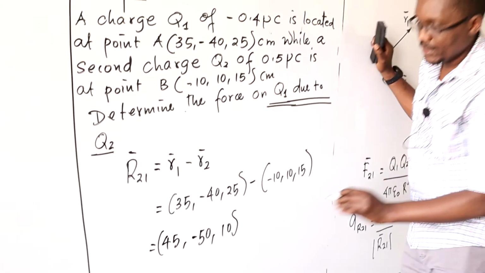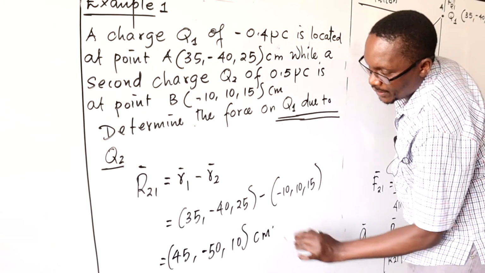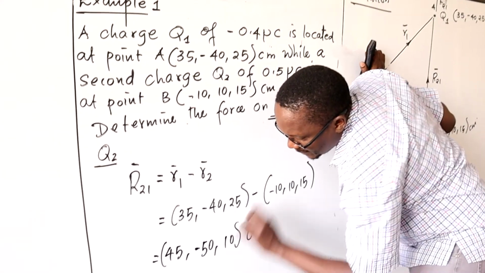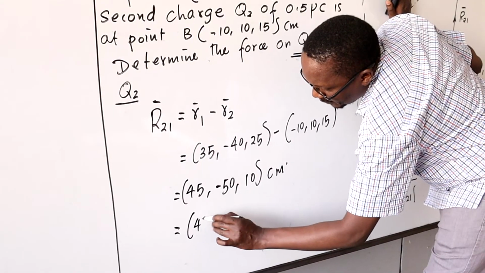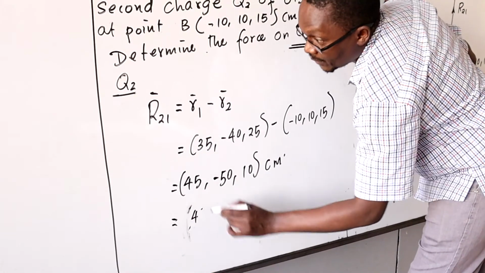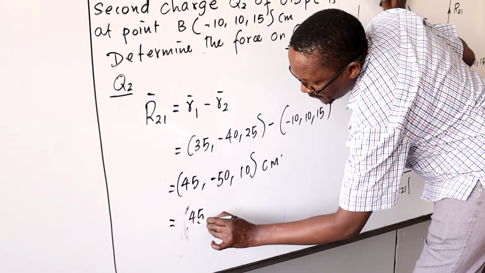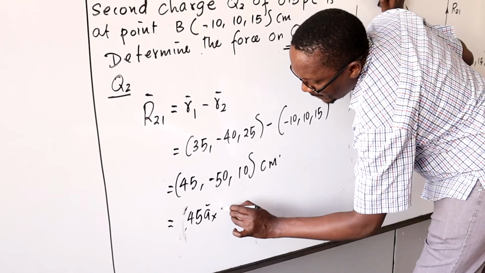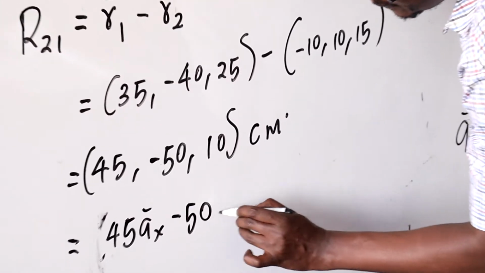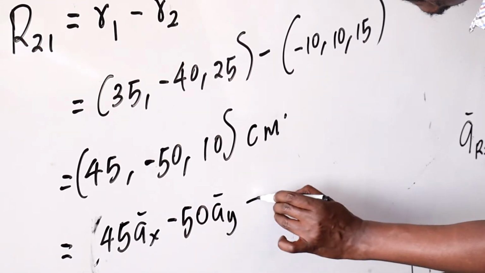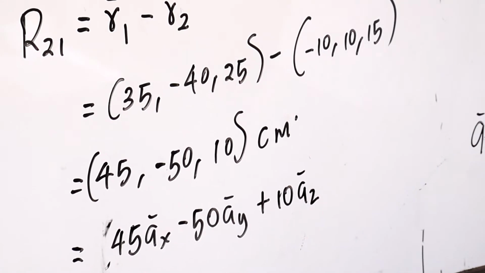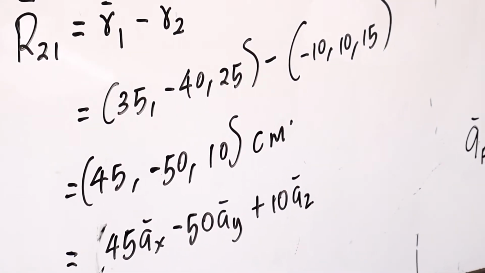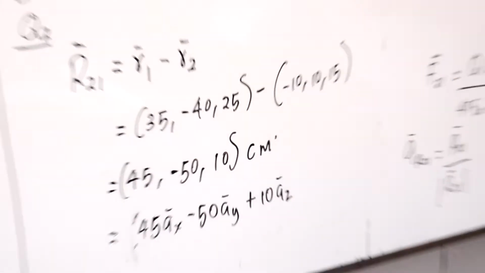Remember they're still in centimeters, don't forget. Now, because it is a vector, this is 45 AX bar minus 50 AY bar plus 10 AZ bar. So that is our vector that's supposed to be substituted here.